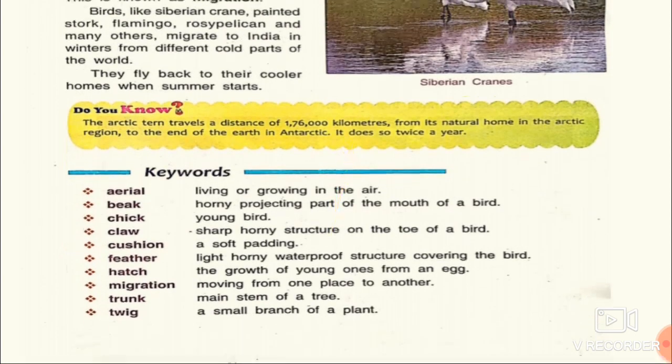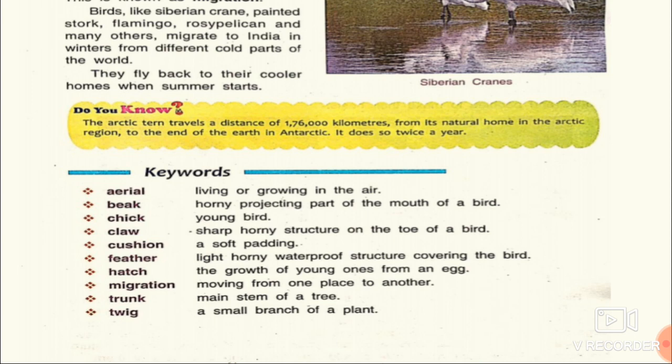Now these are the keywords, children. Aerial, beak, chick. Aerial means living or growing in the air. The horny projecting part of the mouth of a bird is known as the beak. A chick is a young bird. A sharp horny structure on the toe of a bird is a claw.